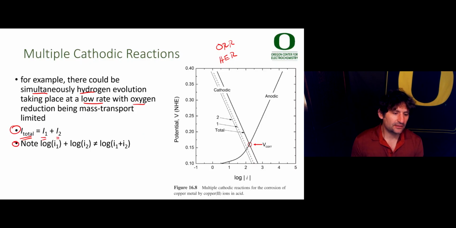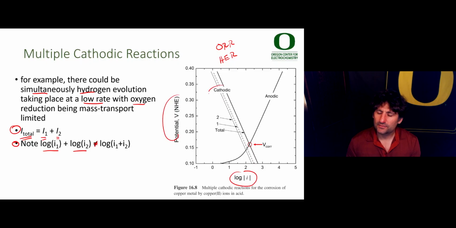I just note here that you can't add logs like this, of course. These are not equal, but we can go and look at one of these plots here. And here again is potential. Here's the log of the current. Here are my cathodic branches, reaction 1, reaction 2, and this is the sum of both of them. And you can see this sum on a log scale here.